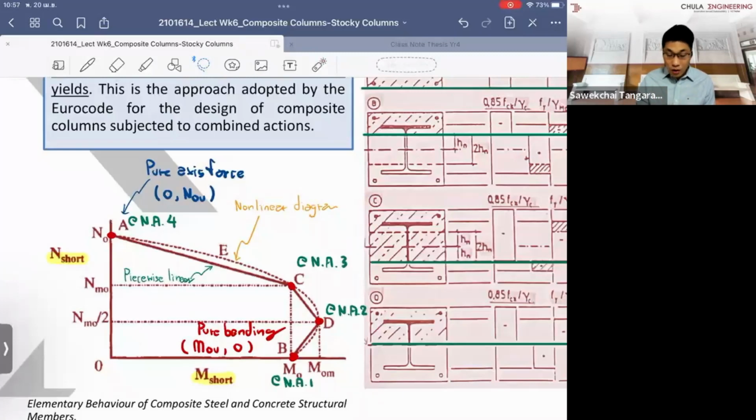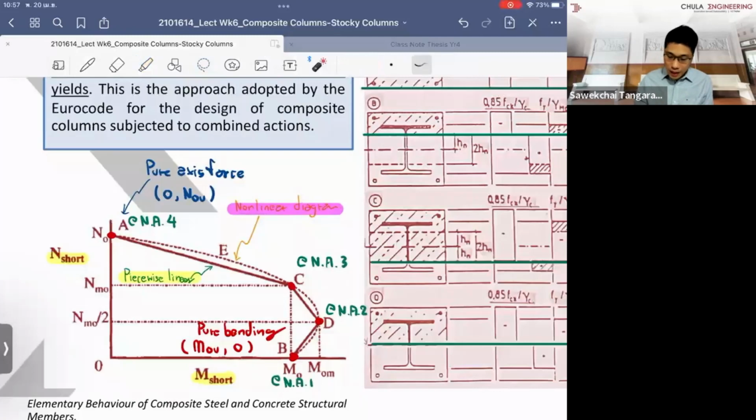Then we ask you to draw the interaction diagrams for both the nonlinear diagram and the piecewise linear diagram, right? For the nonlinear, you have no choice; you have to use Excel to help. But for the linear diagram, you can use just 4 points. Okay, let's come back.